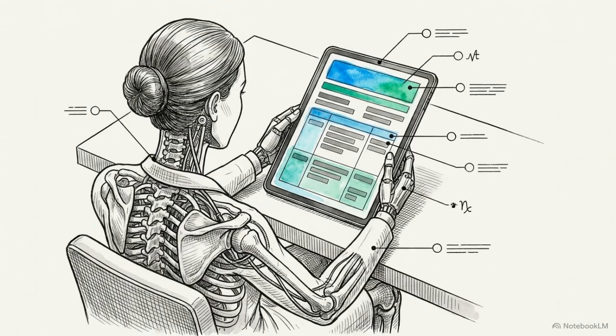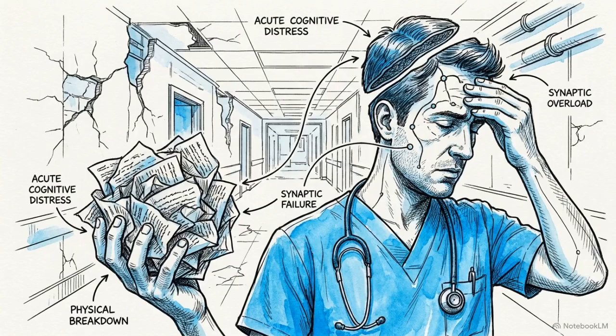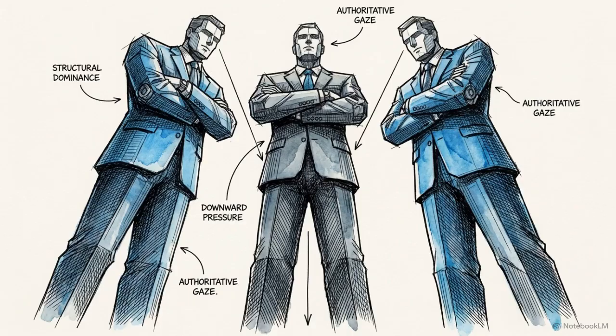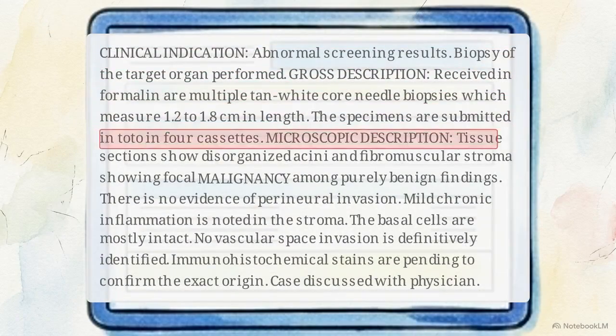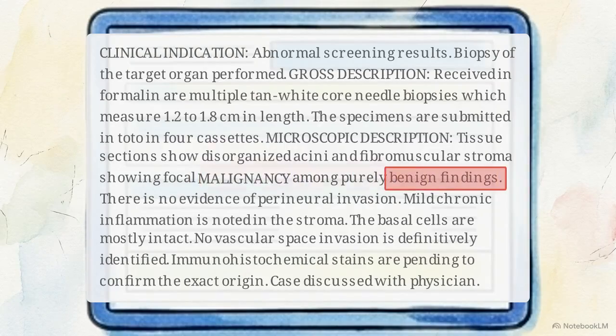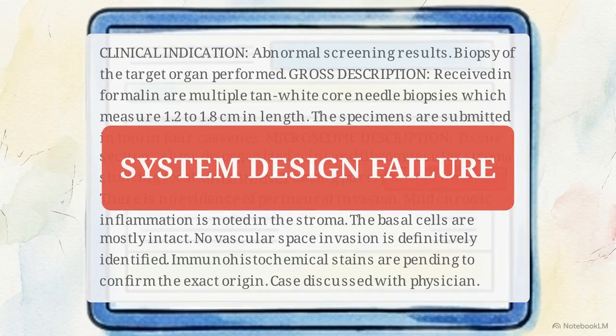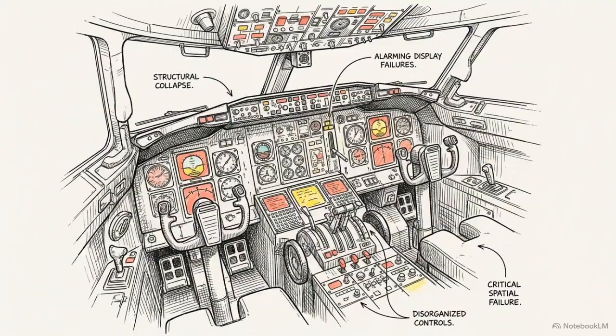When a physician fails to grasp the contents of a dense, poorly structured medical report, it is common in the profession to blame the individual's competency. But when a malignant diagnosis is missed because it is buried in a cluttered paragraph, the fault lies with the system's design. We do not expect commercial pilots to interpret poorly arranged flight dials while trying to land a plane.